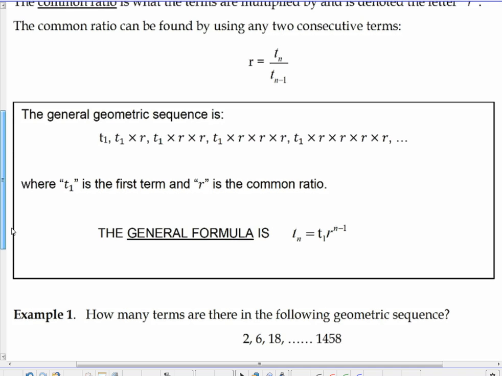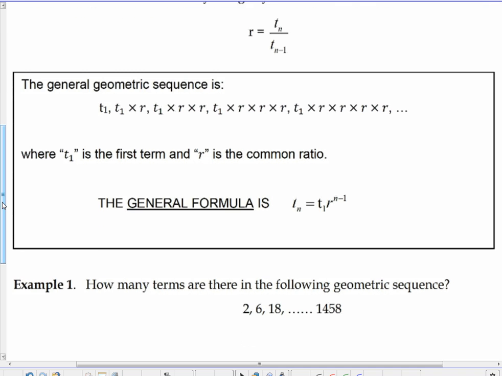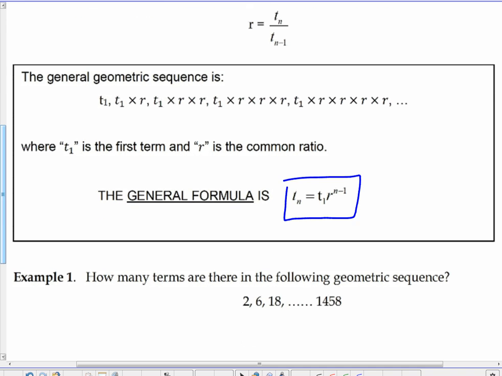Okay, so the formula for a geometric sequence. Why is it this? Well, let's think of it this way. The first term is just your first term. To get to your second term, you have to take your first term and multiply by r.